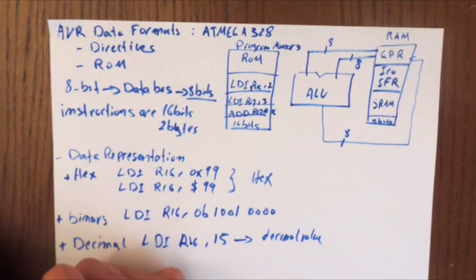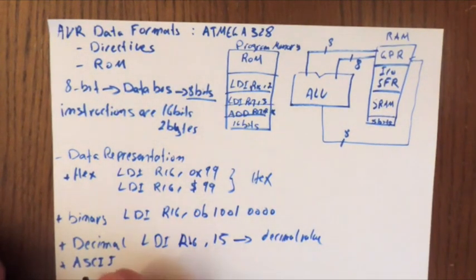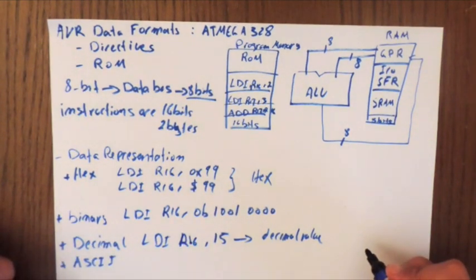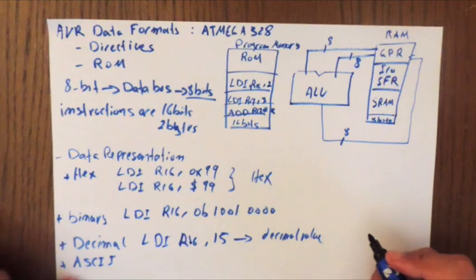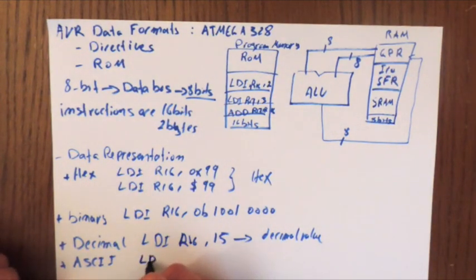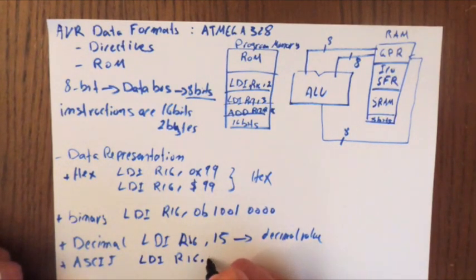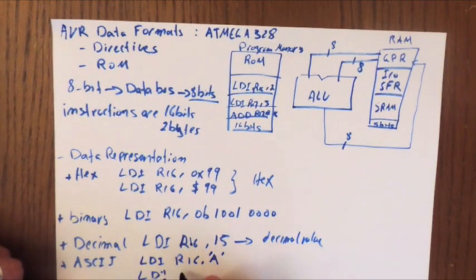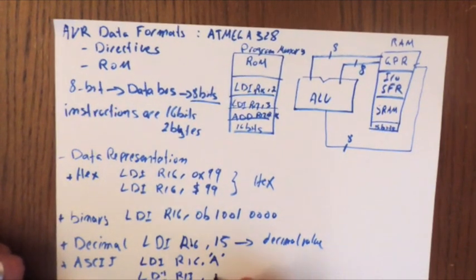Now for ASCII or characters, we know that we have the ASCII table and each character has a value in ASCII. We do something like this: LDI R16, 'A', and we put those single quotes, or we can do LDI R17, '1'.